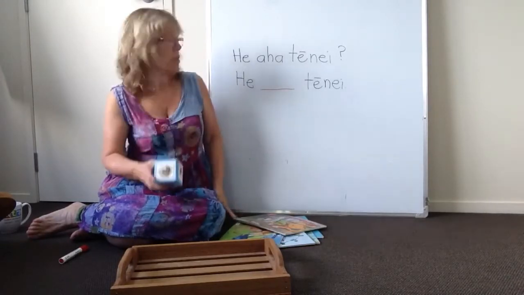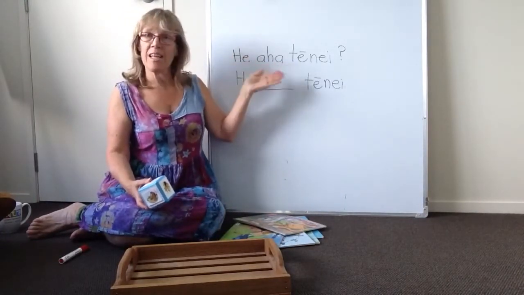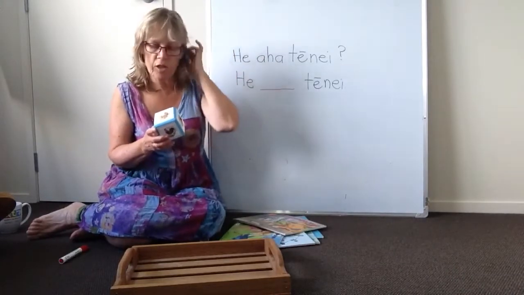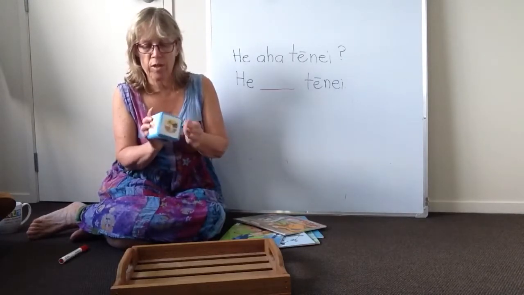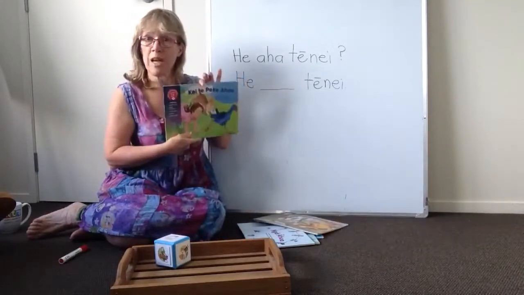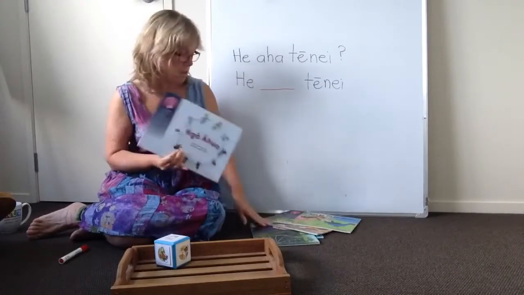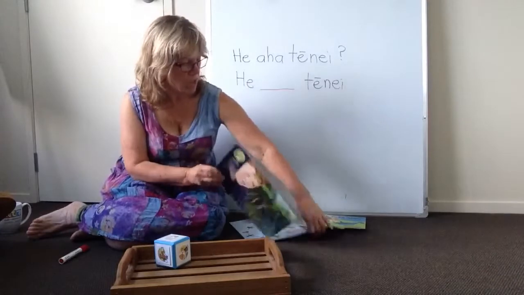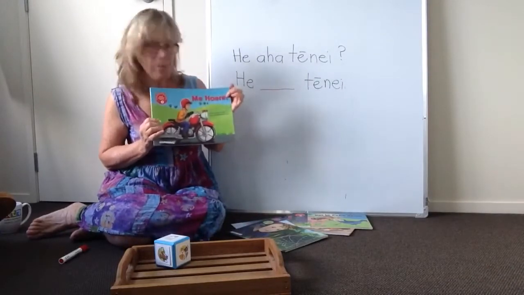So for this one, I'm trying to encourage the sentence structure He aha tēnei that we've talked about before, but you could use a different sentence structure. And I've put 6 of the animal pictures on there. You could do it with the animals from Kei Te Peke Aho, you could do it with the shapes from Ngā Āhua, the bugs from He aha tēnei, and you could also do it with the vehicles or the colours from Me Haere.